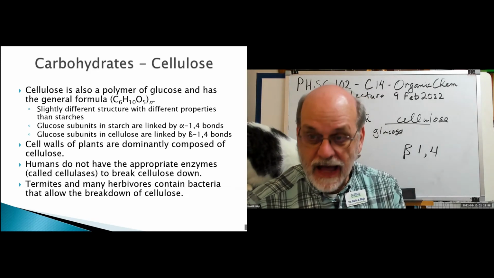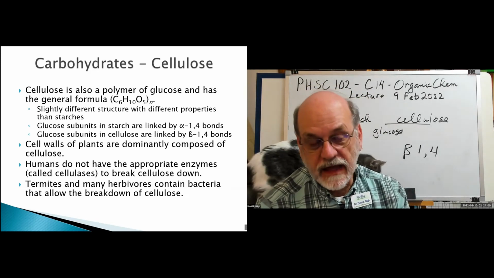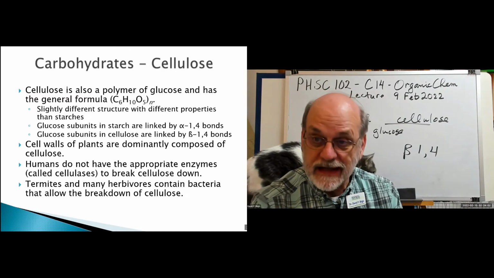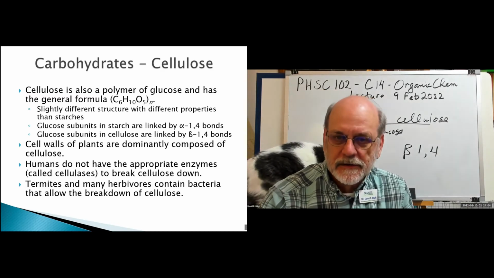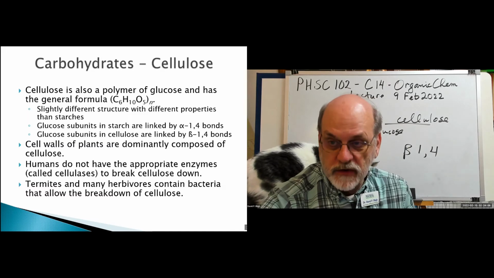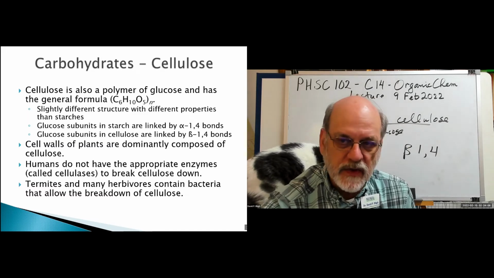They actually help break down the walls of the cell so they can get out the other stuff too. Right? But they can't do it on their own. They need the help of microorganisms to do that.